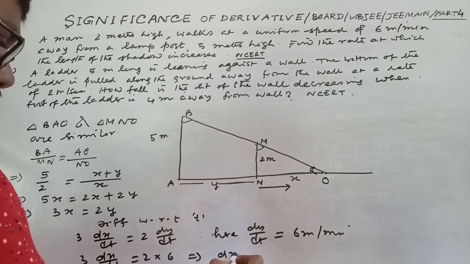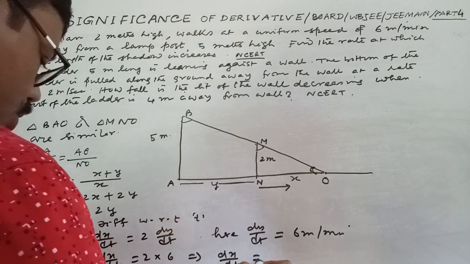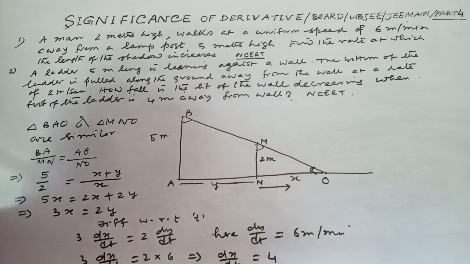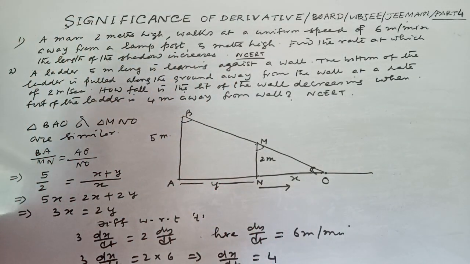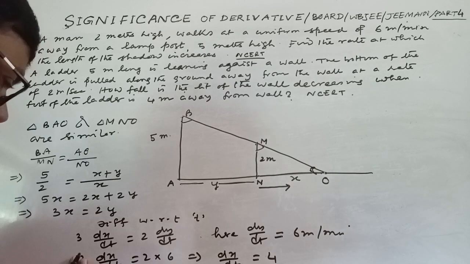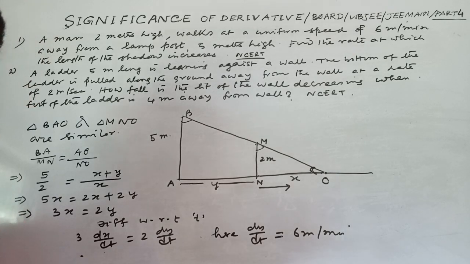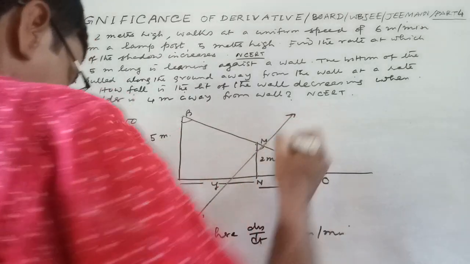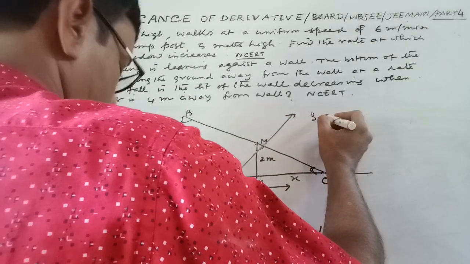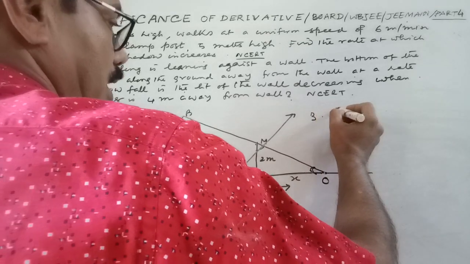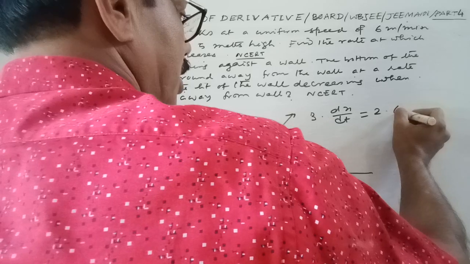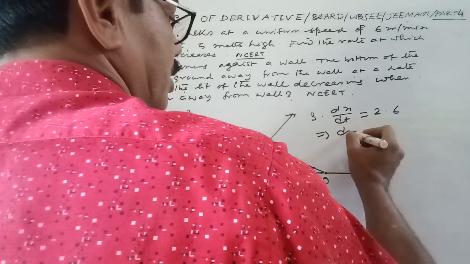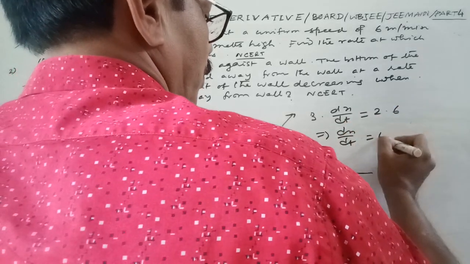So dx by dt equals 4. Look, 3 into dx by dt is unknown and 2 into dy by dt is 12, so dx by dt equals 4.